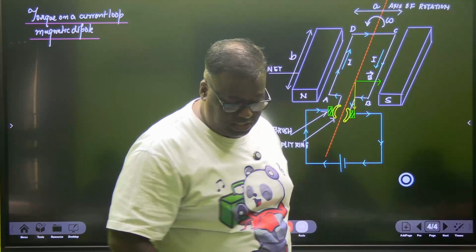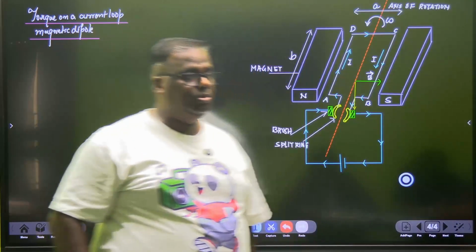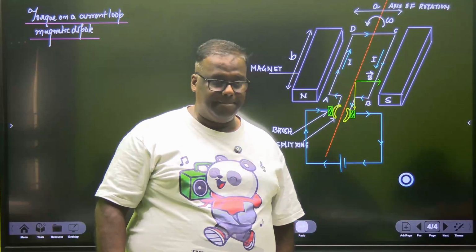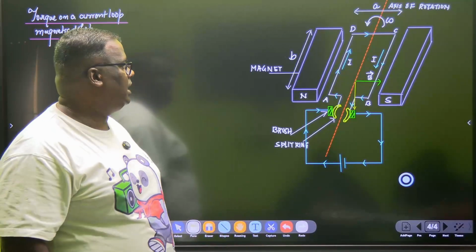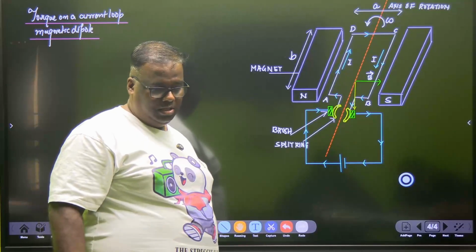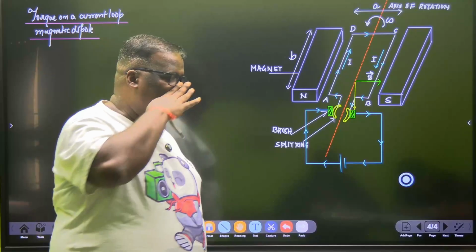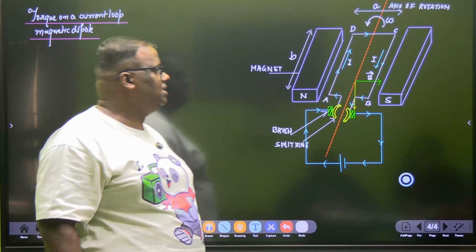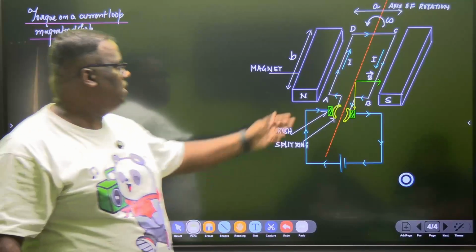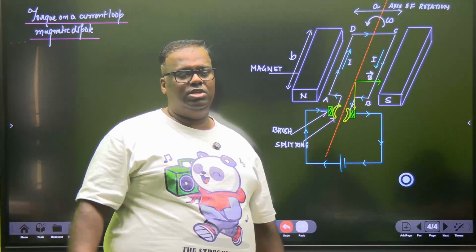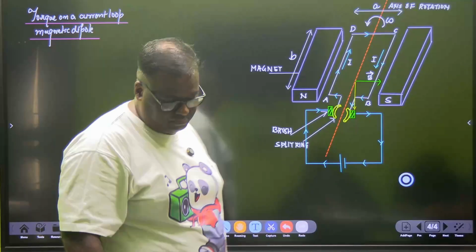So your consideration is a rectangular loop carrying current I, that is point number 1. And in bracket you can write, the current loop is a tiny magnet. This is also a magnet now.